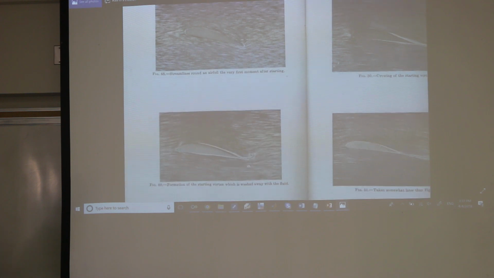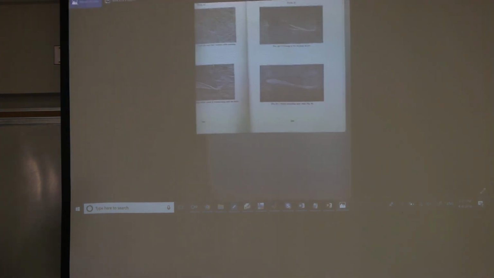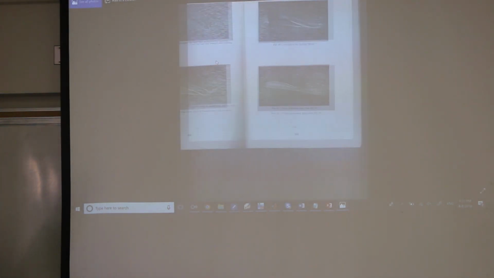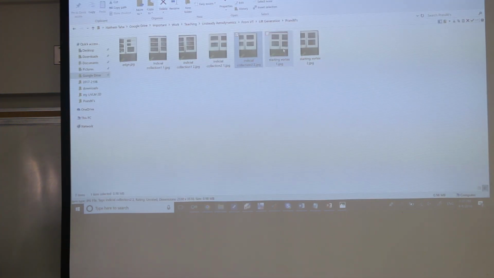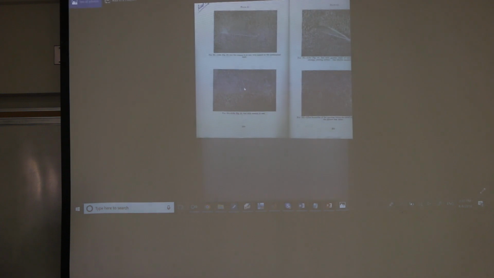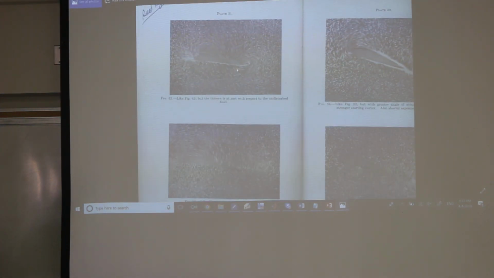This still here is just showing the starting vortex, how it forms, grows while shedding, and sheds all the way. Here the camera is moving with the u infinity speed. So if the camera moves with u infinity, everything becomes clearer.